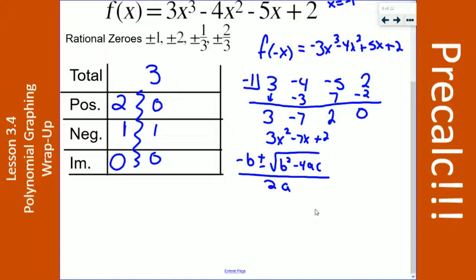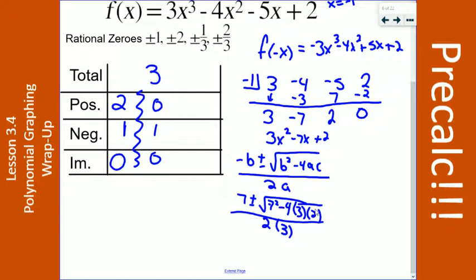All right. So if we take a look and we use this as our function, we have negative 7, which is positive 7, plus or minus the square root of 7 squared, negative 7 squared, excuse me, minus 4 times 3 times 2. And that is all going to be divided by 2 times a, which is 3. 2 times 3.